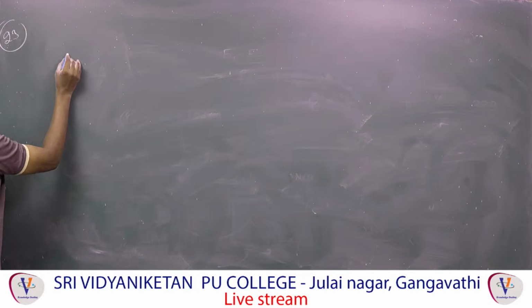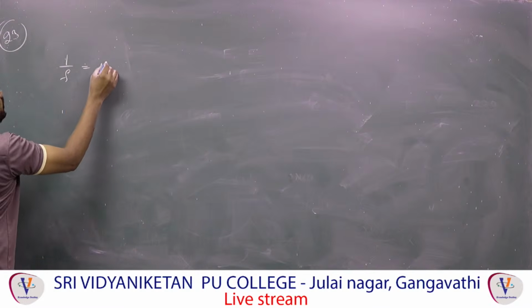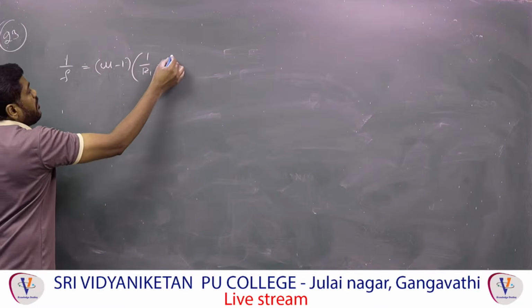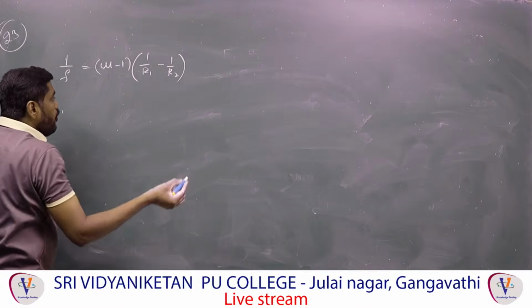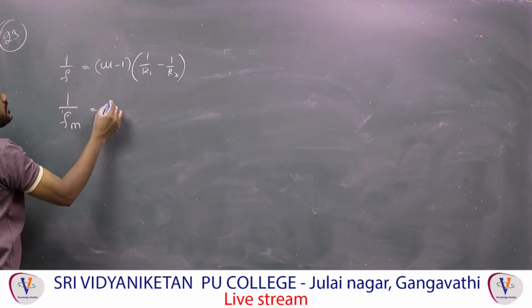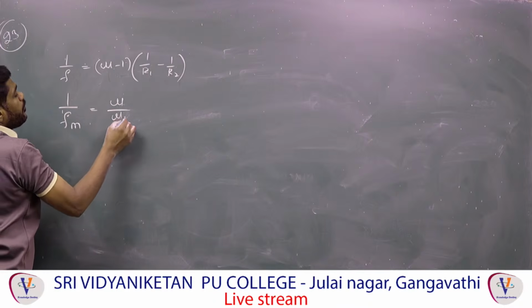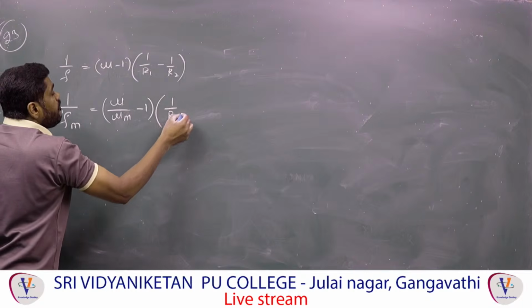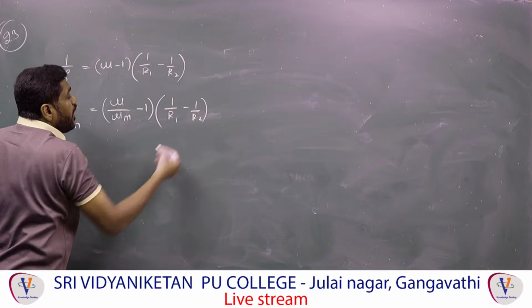So for the focal length in air, what is the formula? 1 by f is equal to mu minus 1 into 1 by r1 minus 1 by r2. The focal length of the lens in any medium is given by 1 by fm is equal to mu by mu m minus 1 into, so this factor is the same, 1 by r1 minus 1 by r2.